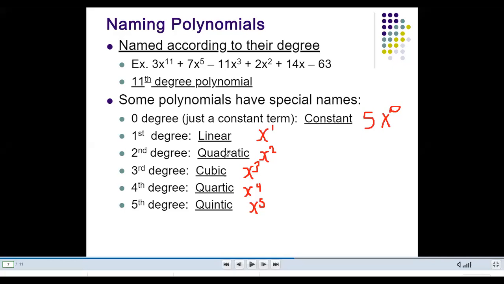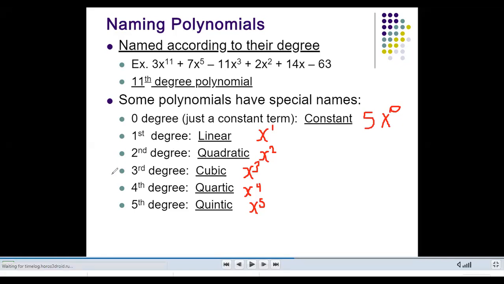Then if you have a polynomial of 0 degree, we call it constant. First degree, say with me please: linear. Second degree, quadratic. Third degree, cubic.